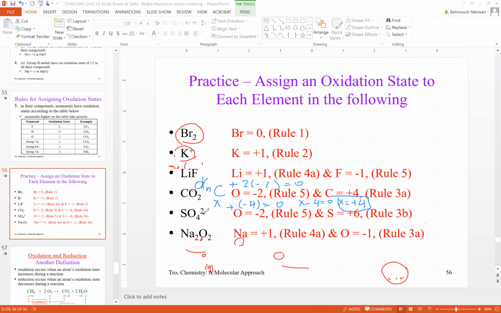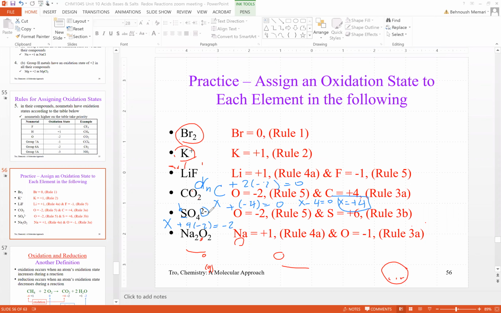Sulfate: oxygen is -2 because it's not peroxide. So the total needs to be equal to the charge of the ion. We put the oxidation number for sulfur as X, plus 4 times -2 equals -2.